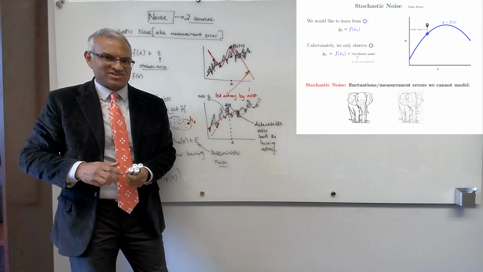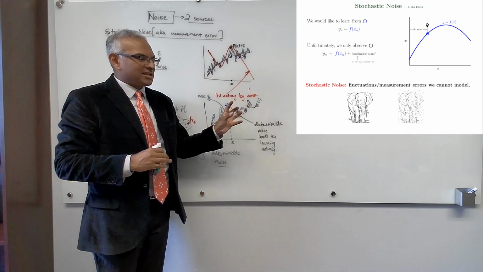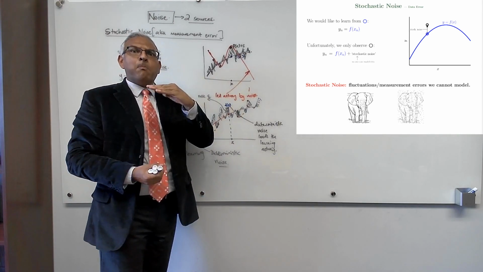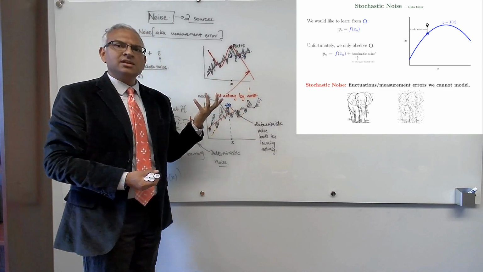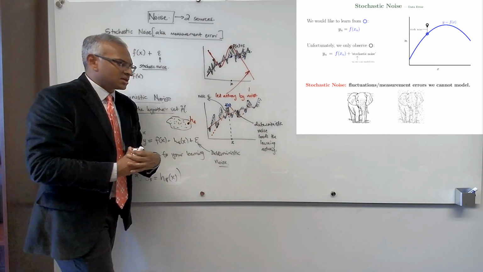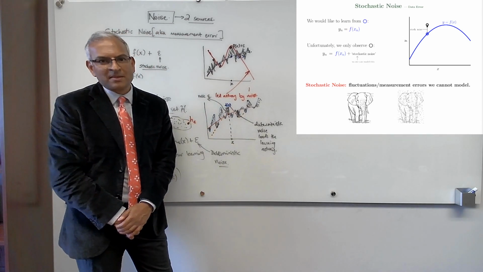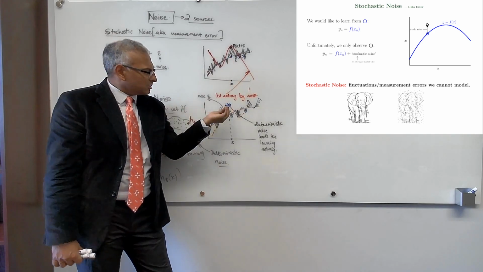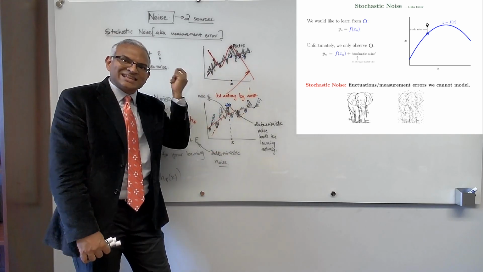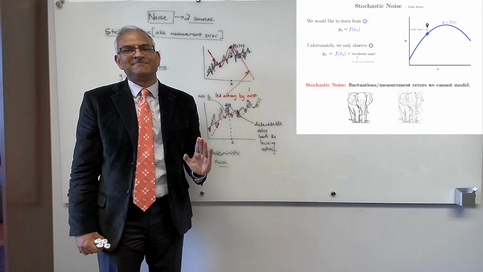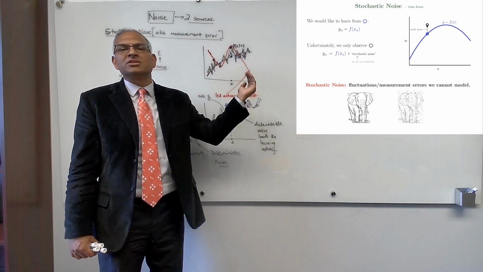So there's an arms race there, and that's a subtle trade-off, and another subtle difference between deterministic noise and stochastic noise. But as far as the learner is concerned, once you've fixed your hypothesis set and once you've generated the data, the learner cannot tell the difference between stochastic noise and deterministic noise, because in both cases, it's a part of the y value that you cannot model. And in both cases, it leads you astray just the same.